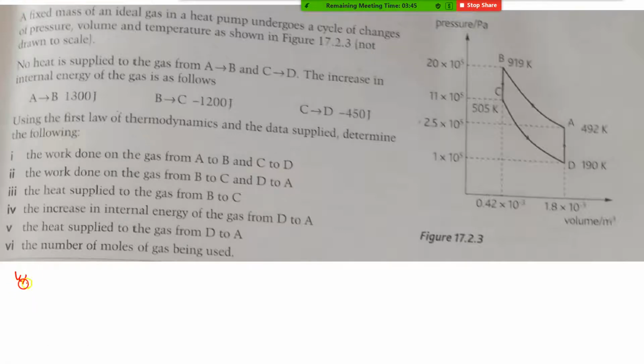So W_AB is going to be equal to, let's see here, pressure times change in volume. In this case, how we should go about doing this, let me see here, give me a second.